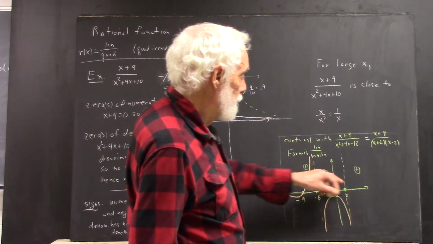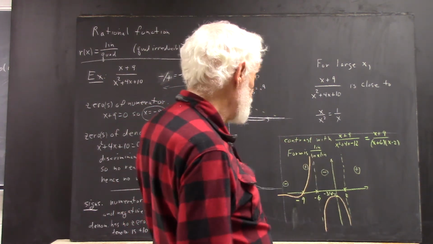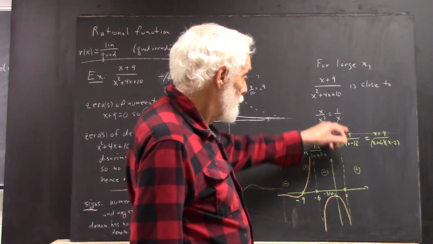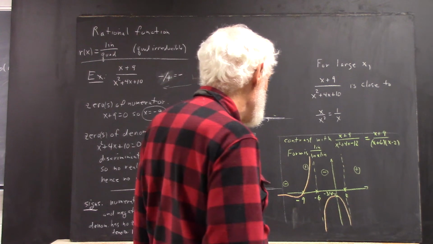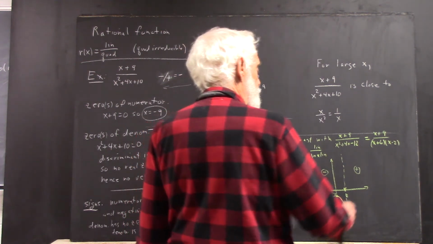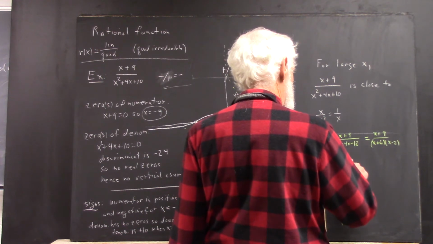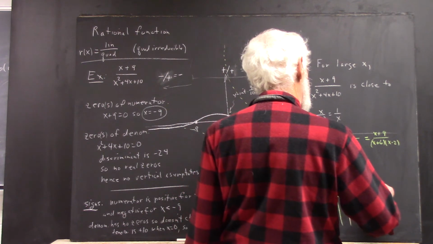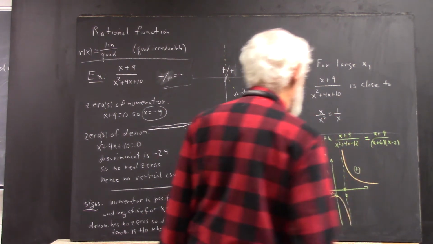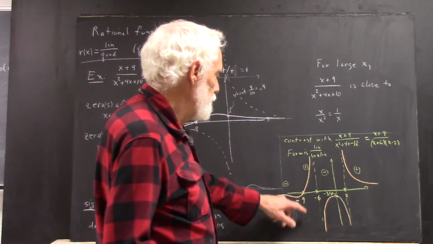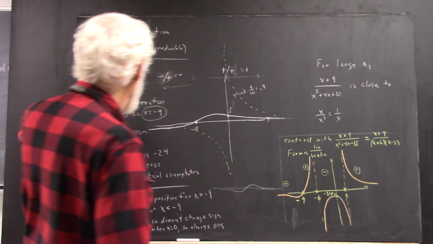It's got to be negative for this whole interval. It can't go through the x-axis. So I already knew the y-intercept was going to have to be negative, but I can calculate it, and there it is. Okay. Then on the positive side, it comes down from the asymptote here, and it has to approach the x-axis as an asymptote here.